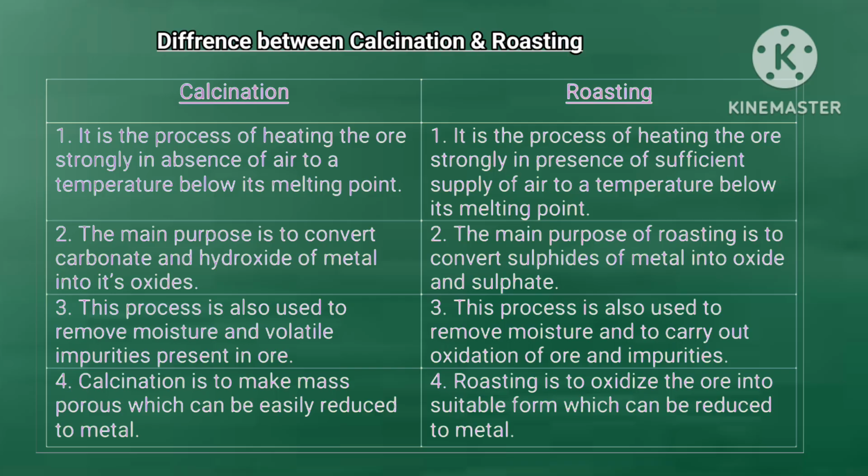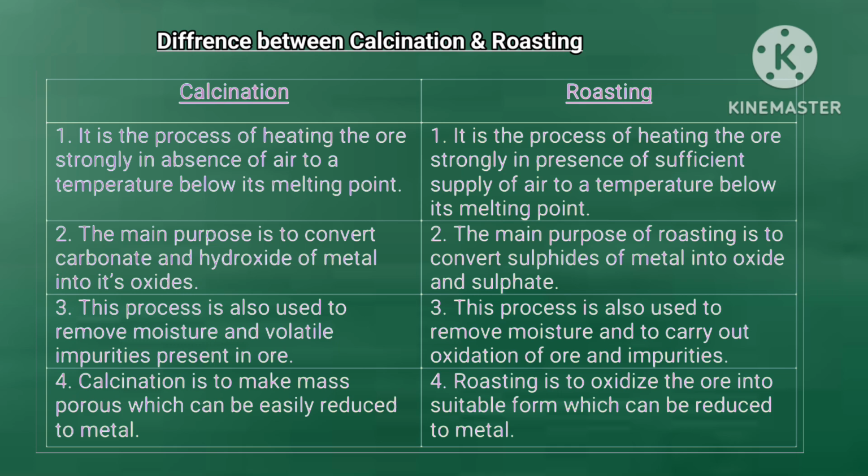Now see the second differentiation point. In the calcination process, the main purpose is to convert carbonates and hydroxides of metal into their oxides.